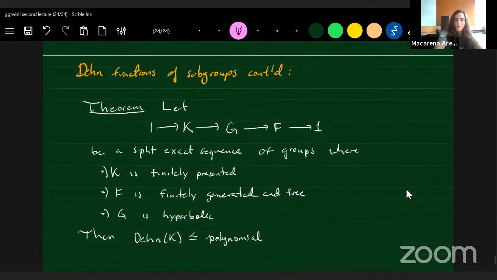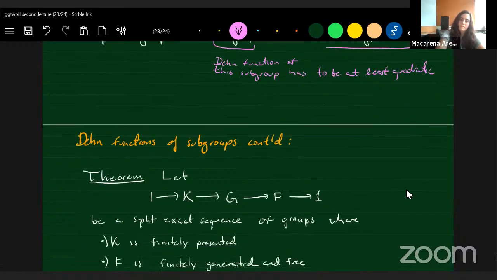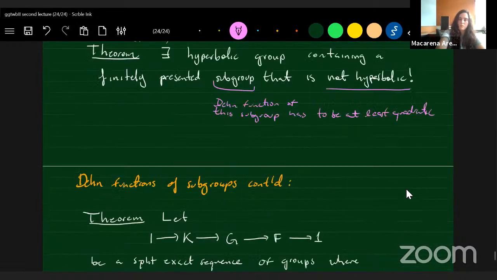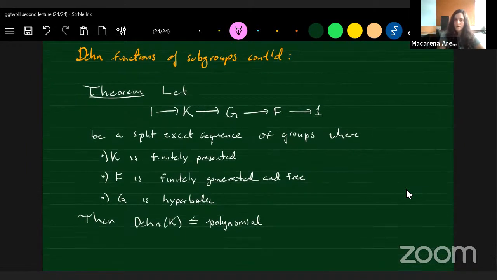And we also have a bound on how complicated that Dehn function can be. The group in this theorem arises as a group in a split exact sequence of this kind. And that implies that the Dehn function of this group is at most polynomial.